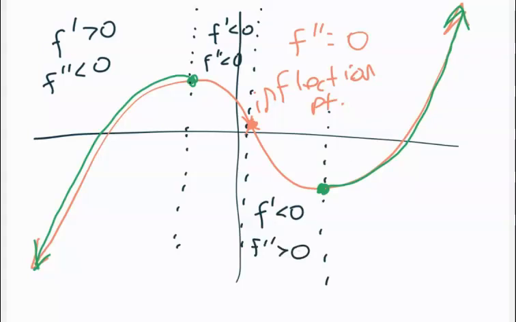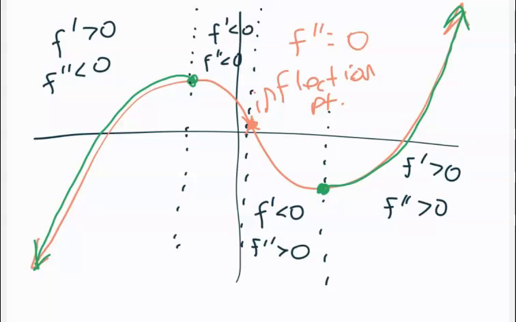And then over here it goes back to increasing, concave up. So here's an example of all four scenarios connected together: increasing concave down, decreasing concave down, decreasing concave up, and then increasing concave up.